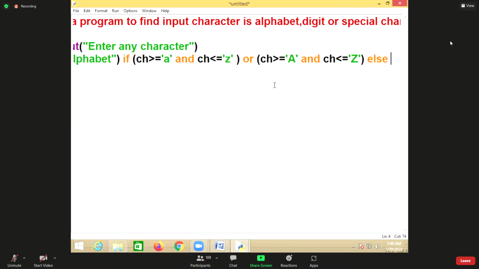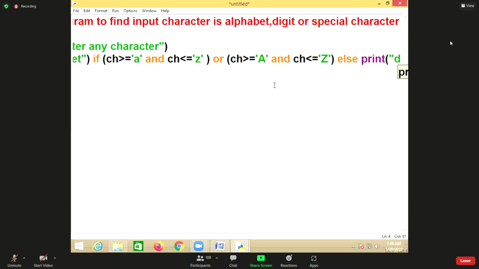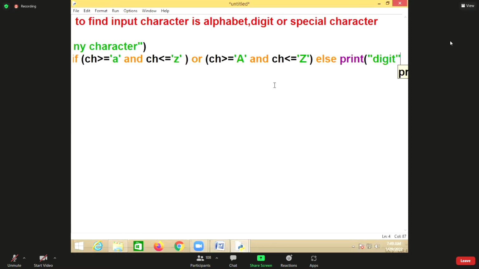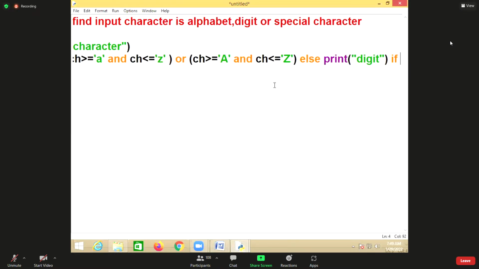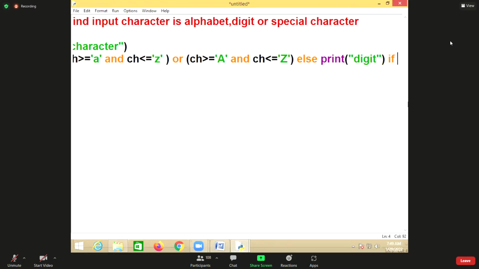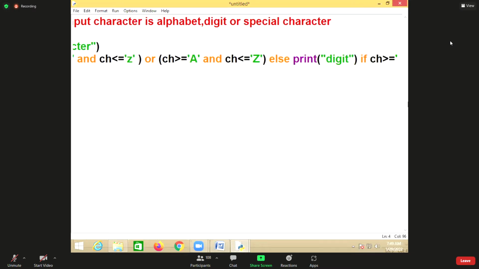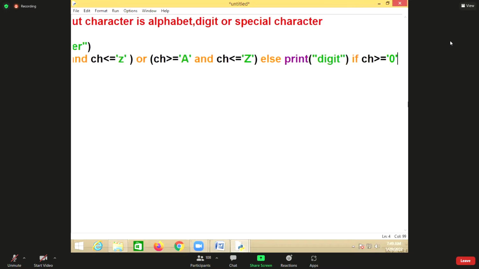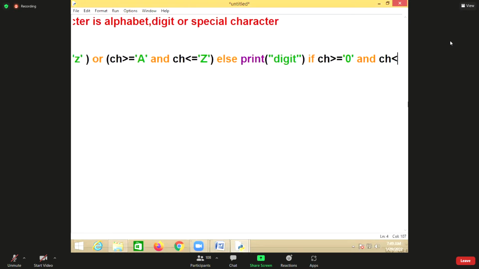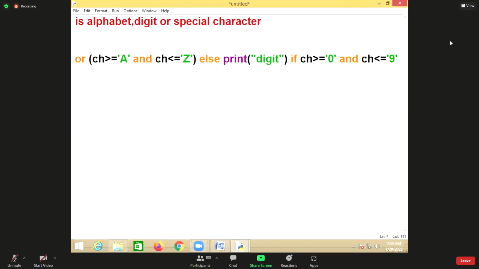Else I have to print what here? Digit. But when can I say digit? Else if this condition is true, then it will print digit. Else if character is greater than or equal to 0 and character is less than or equal to 9, then it is a digit.